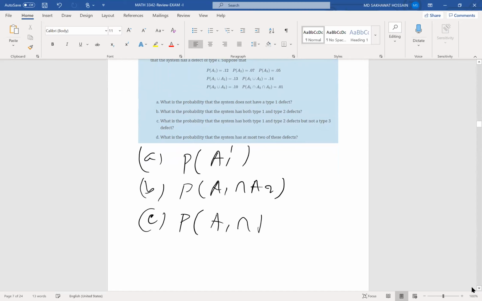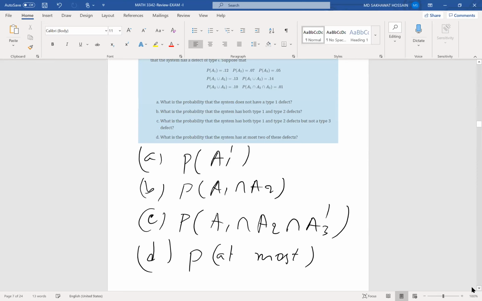A1 intersection A2 intersection A3 complement. And part D is the probability that the system has at most two of these defects. So the system can have a maximum of two defects, and the only other possibility is that the system has all three defects.